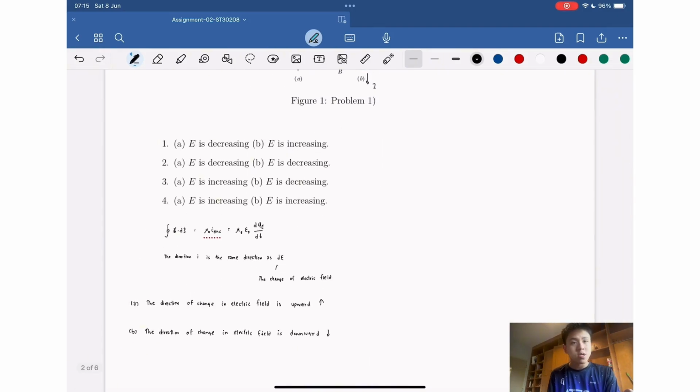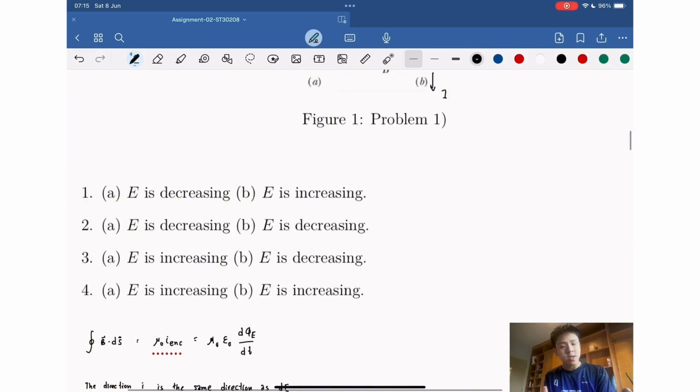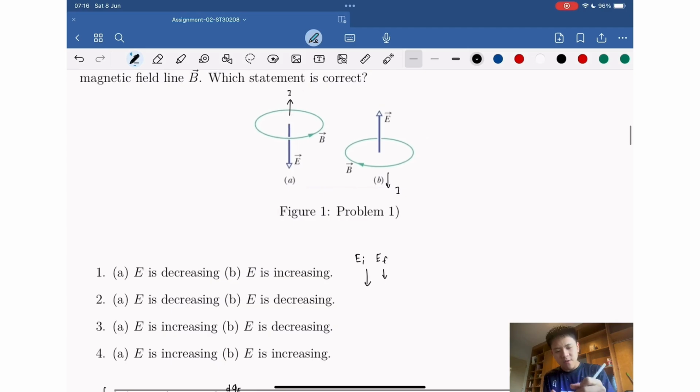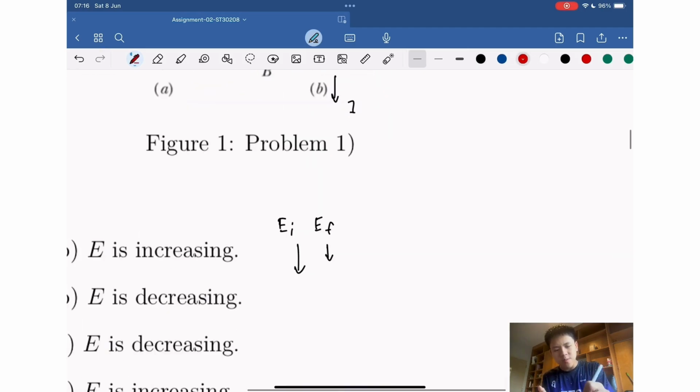If we consider each choice, if E is decreasing, I'll call the initial field Ei and the final electric field Ef. So if E is decreasing, Ei should be this, so the change of E will point in this direction.